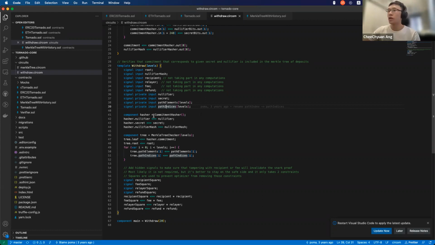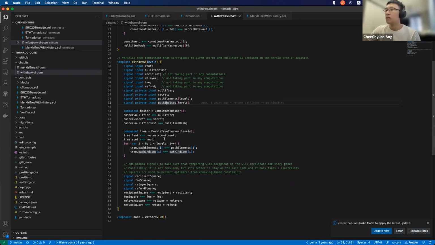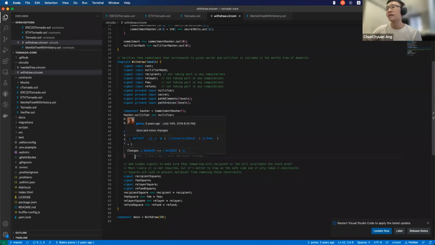So what is happening in the circuit is that this Merkle tree checker will try to prove that the path that you provide matches the root. We don't have to do that on the Solidity side, because we do it on the Circom side, and it basically saves a lot of computation because you're putting it off chain.